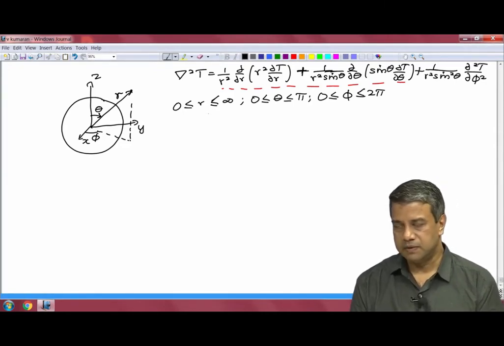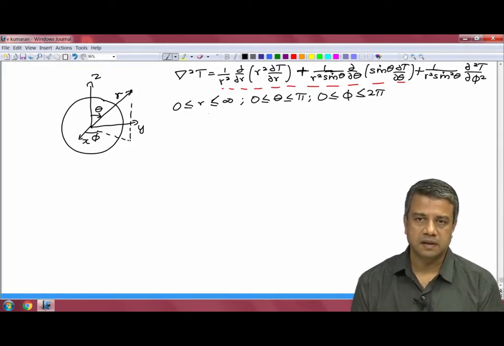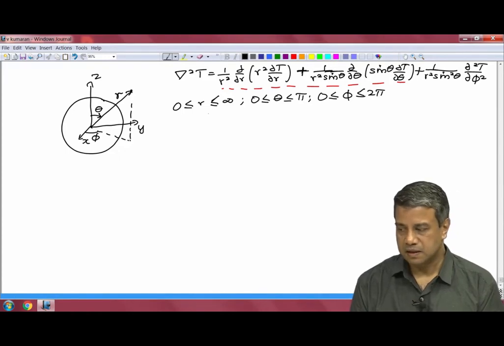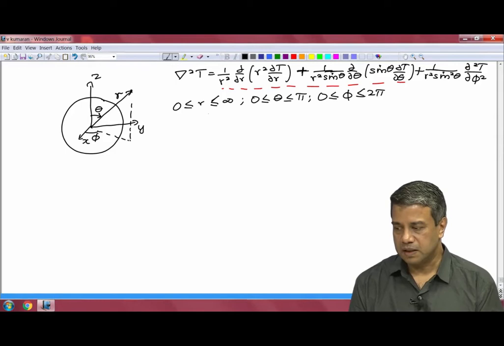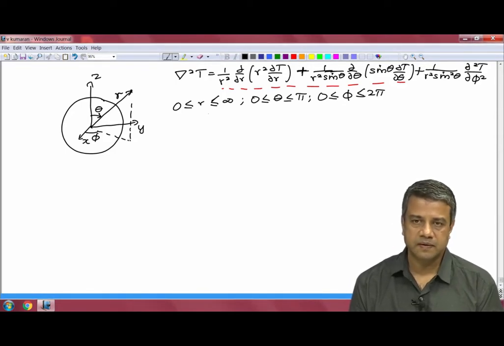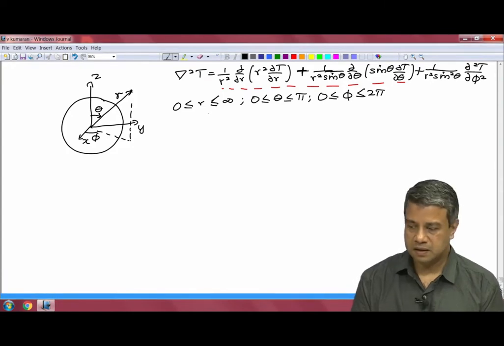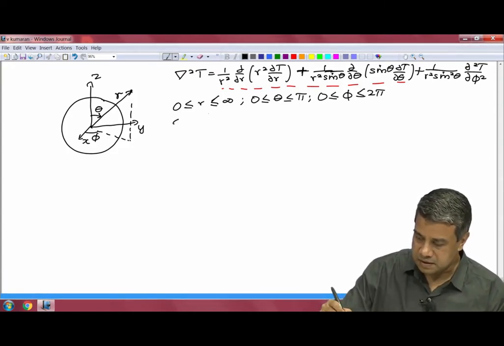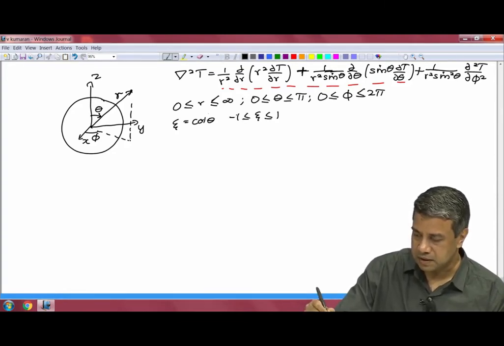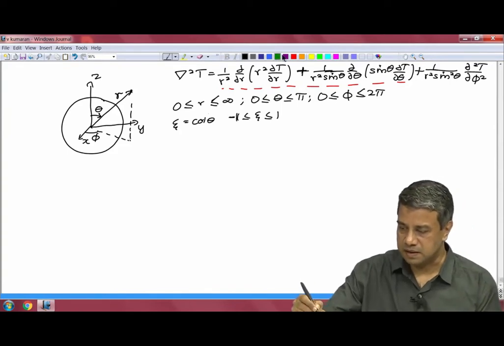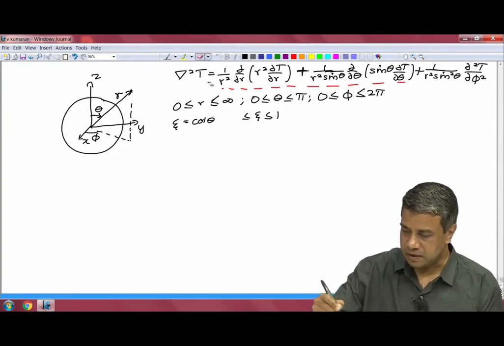When we solved the problem for the heat conduction in a sphere in a linear temperature gradient, the solutions turned out to be Legendre polynomials, and the symmetry emerged from the fact that at theta equal to 0 or theta equal to pi, we had defined psi is equal to cos theta. So, -1 less than or equal to psi less than or equal to 1 in terms of this modified coordinate psi.